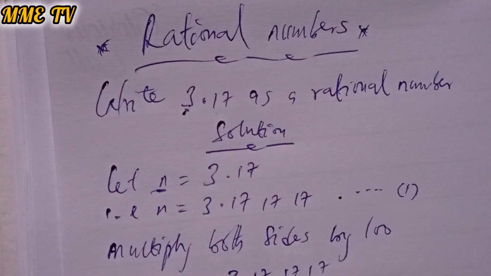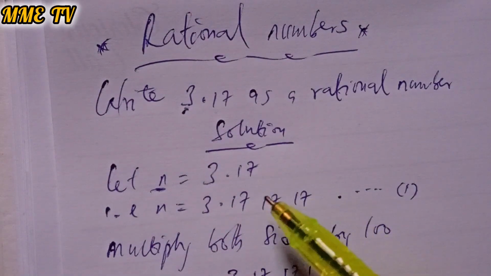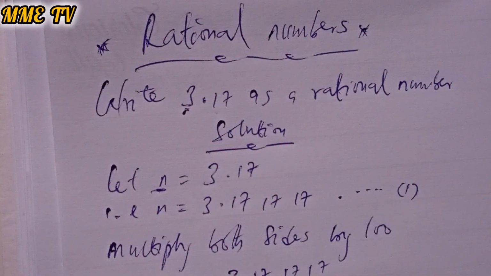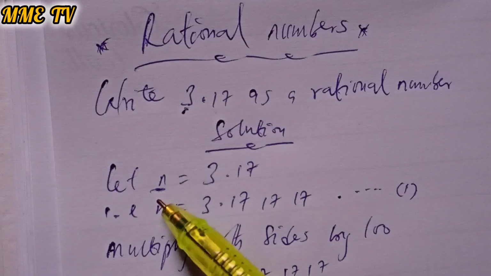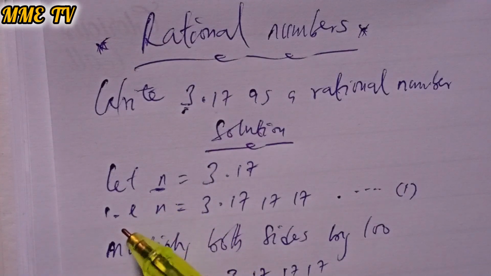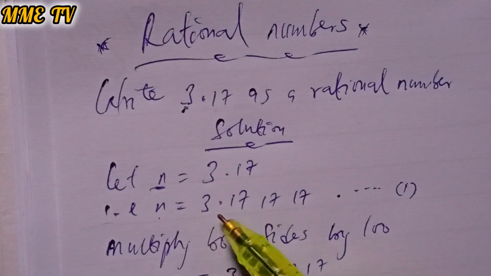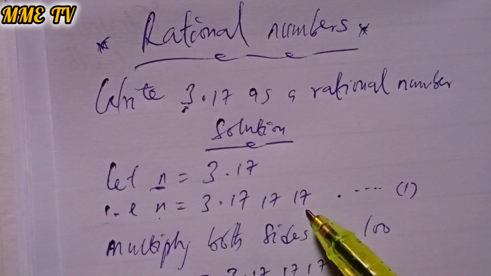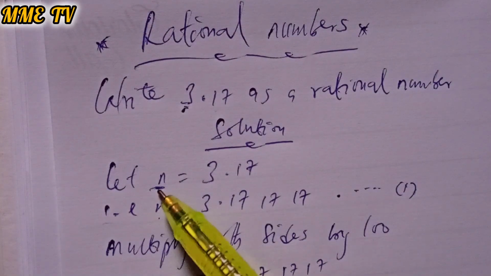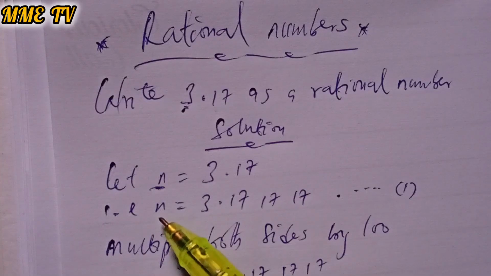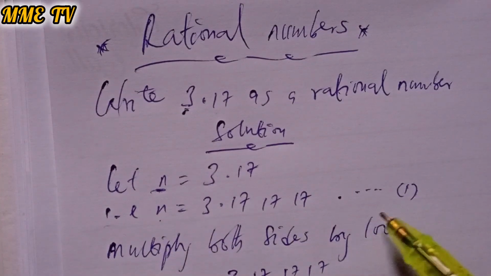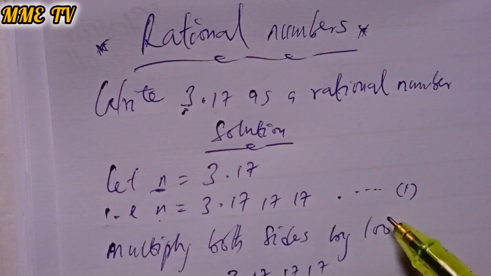I can choose to say let x be equal to 3.17, which means that x is equal to 3.171717. But here I call it n. Whatever you call it, that is what you call your equation 1.